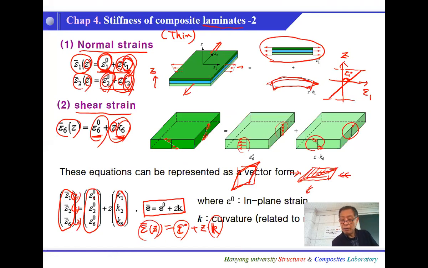I mean, 3 terms means 3 components. I hope you understand this. So epsilon zero, we call in-plane strain, plane-wise strain, and K is the curvatures.